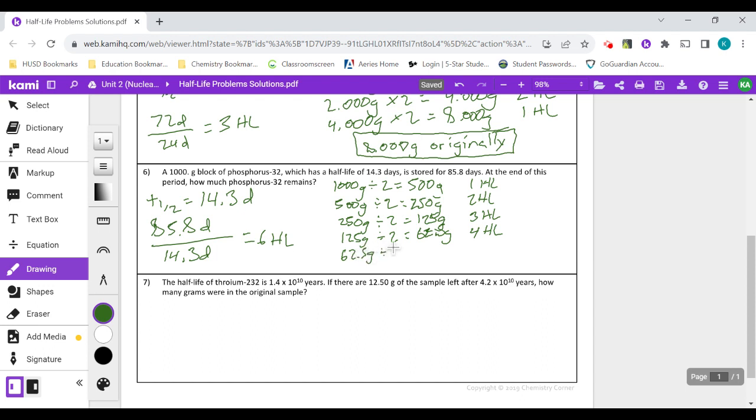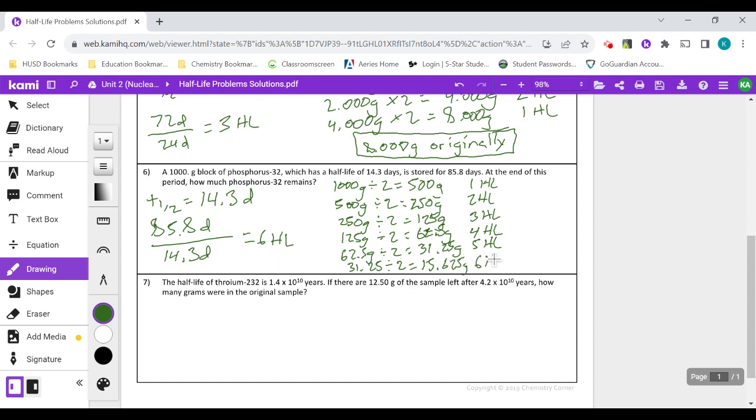62.5 grams divided by 2, 31.25 grams. That's 5 half-lives. 31.25 divided by 2 would be 15.625 grams.